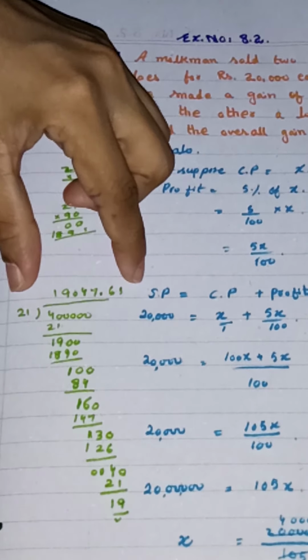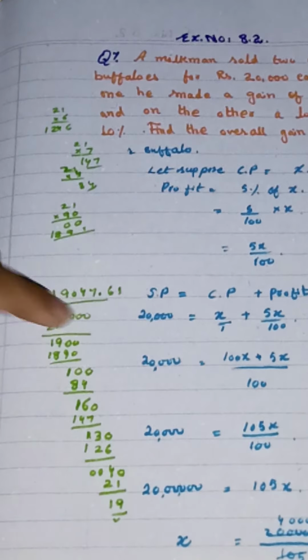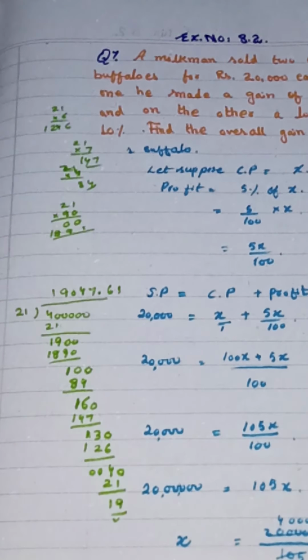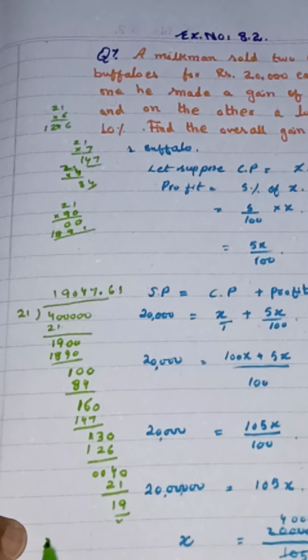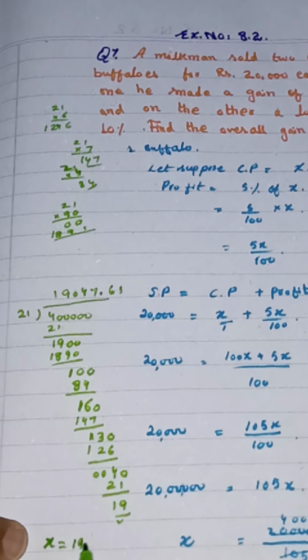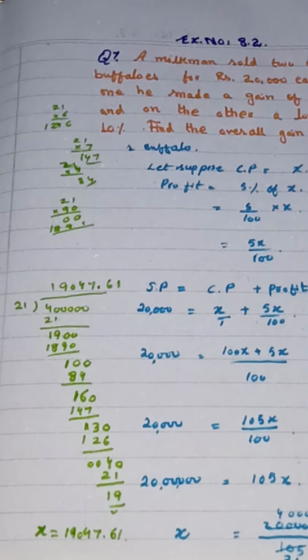This is the answer, taking three places after the decimal. So X is 19047.61. This is the cost price of the first buffalo.